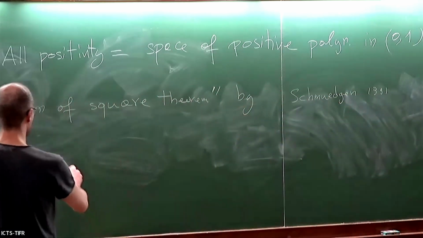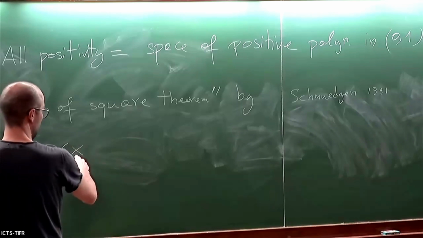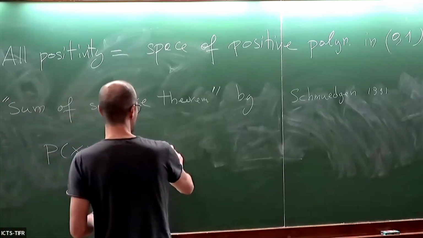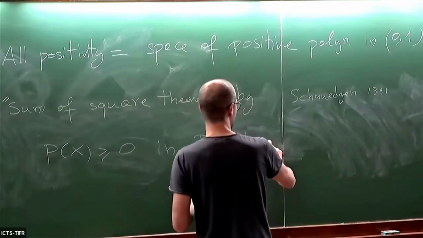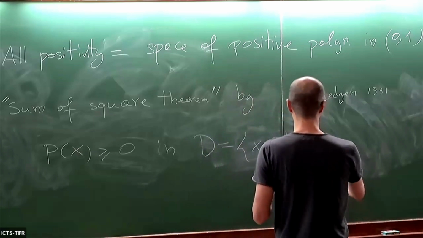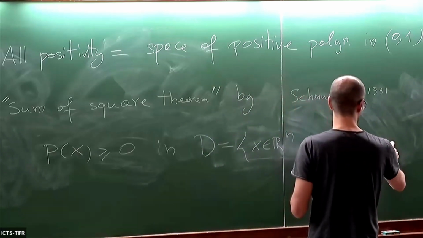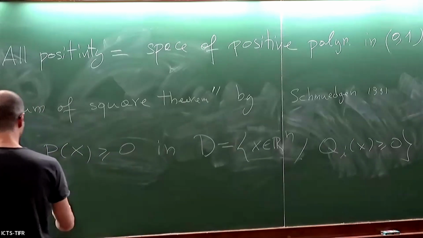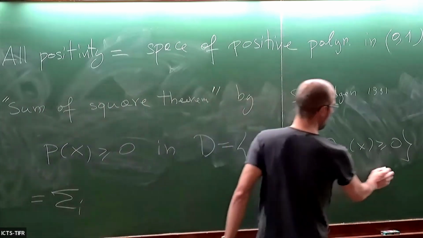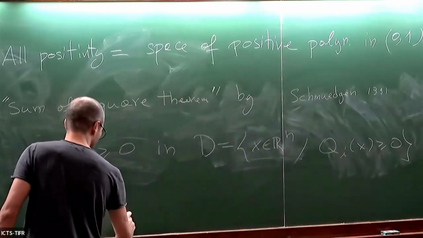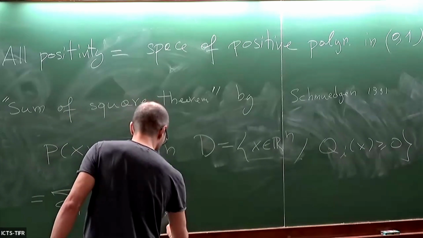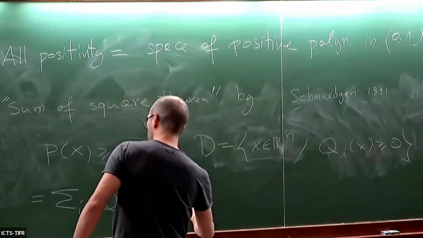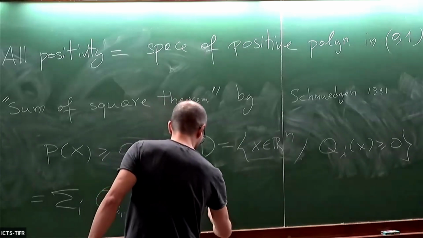It says the following: the space of polynomials, also in more variables, which is going to be useful for finite t next, which are positive in a domain, a subset of R^n, which is specified by certain polynomials being positive, this space is equal to the sum of the polynomials you use to define your domain, multiplying all, with arbitrary number of forms, times the squares of polynomials, p squared of x.